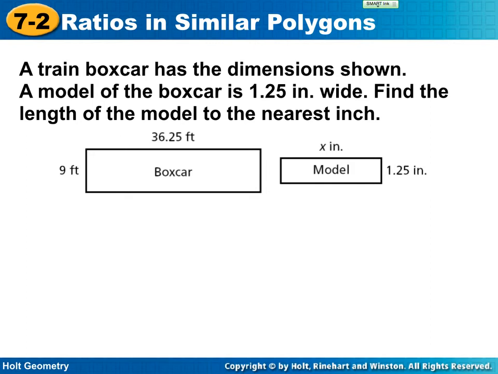Let's compare that to the length of the model. The width of the boxcar. So you're comparing length to length, width to width.